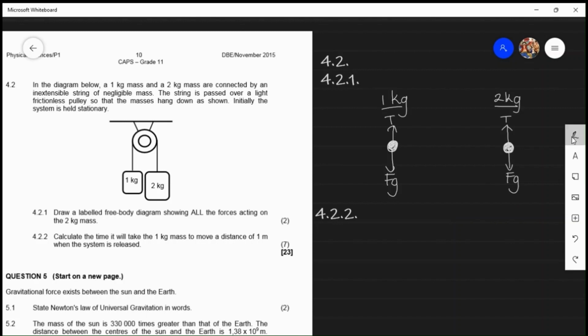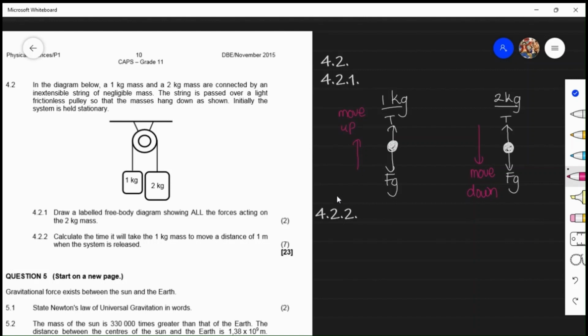It's going to pull the other object. So let us just indicate this on our free body diagram. Our 2 kg mass is going to move down, whereas our 1 kg mass is going to move upwards.